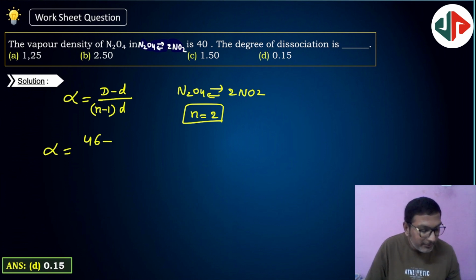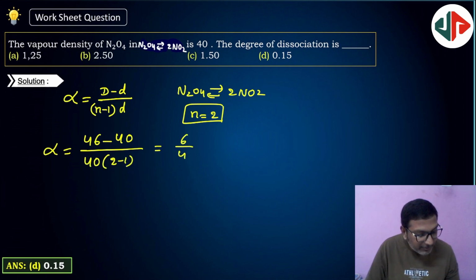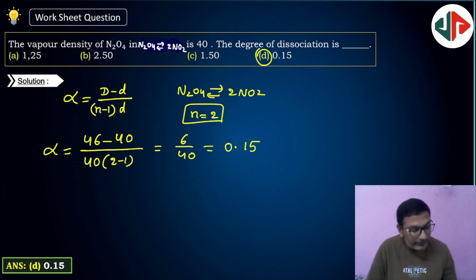At equilibrium it is given as 40, by 40 into (2 minus 1). That means 6 by 40, which is 0.15. So option D. Therefore percentage of dissociation equals 15%.